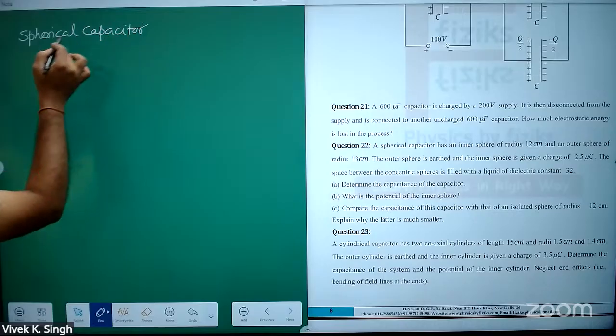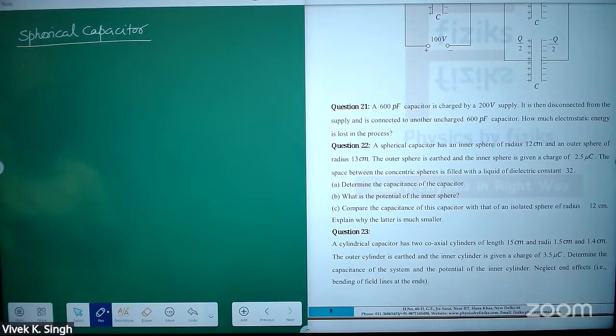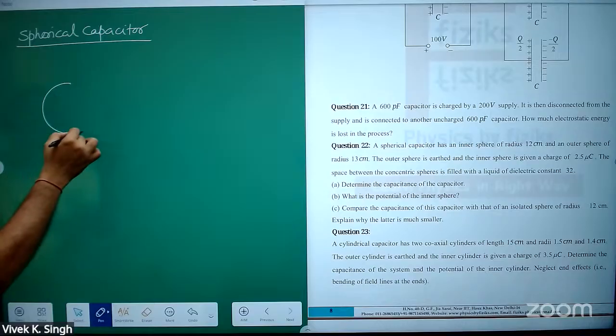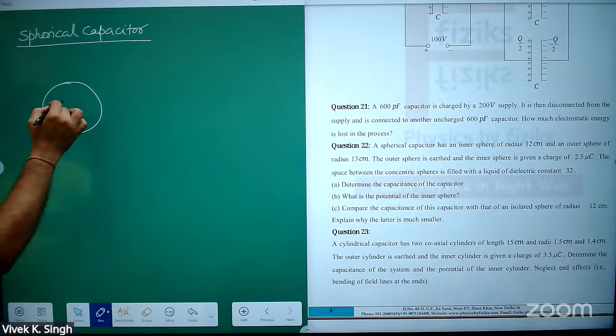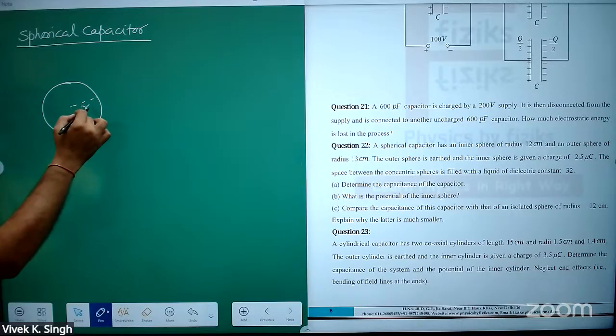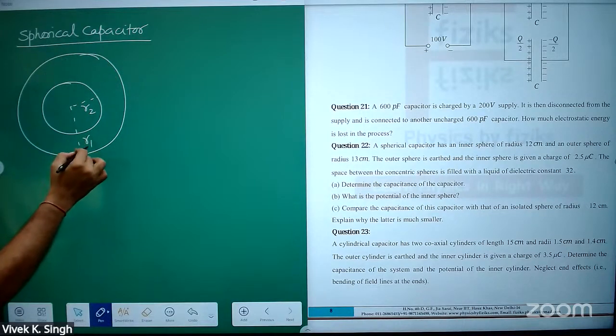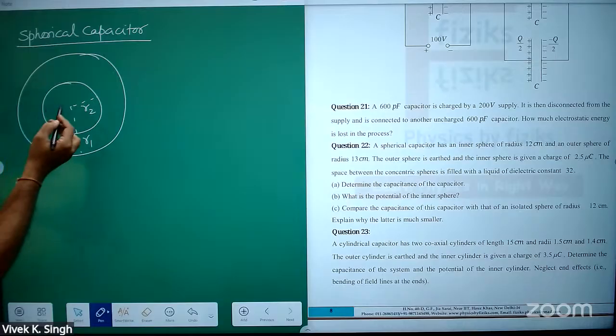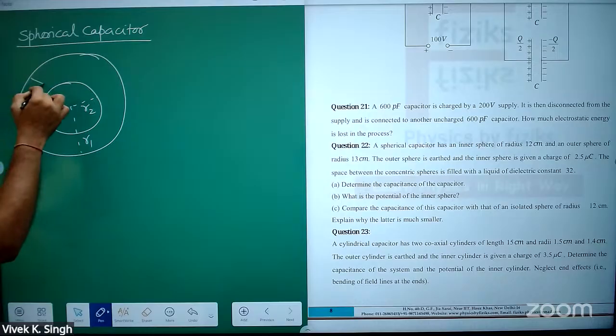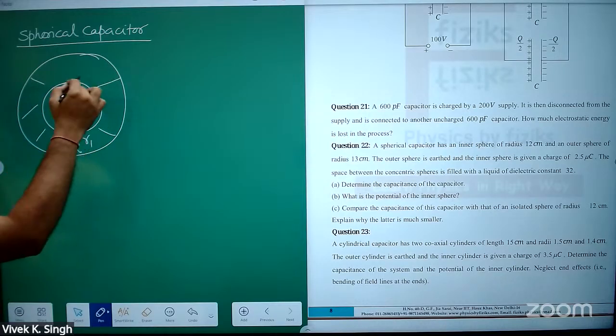If you have a spherical capacitor, its inner radius is R2 and outer radius is R1, and let's say there is a dielectric constant of K in between.